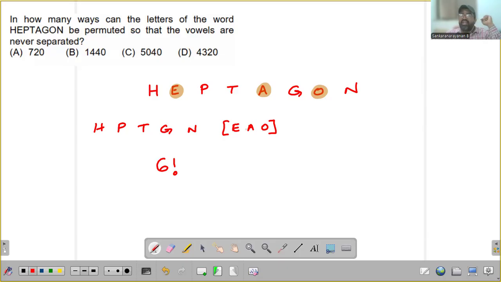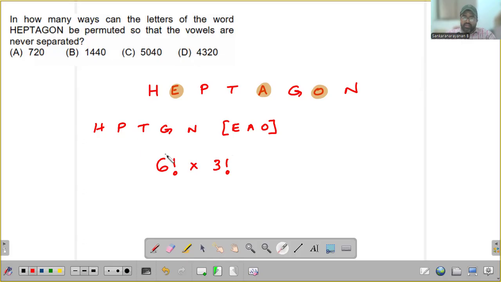And how about EAO? EAO, even though it is a single unit, between themselves, they can be arranged in 3 factorial ways. So altogether, the number of ways I can do it, it will be taking care of the individual units separately and taking care of these 3 separately.